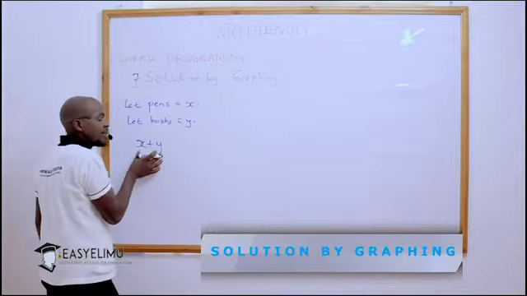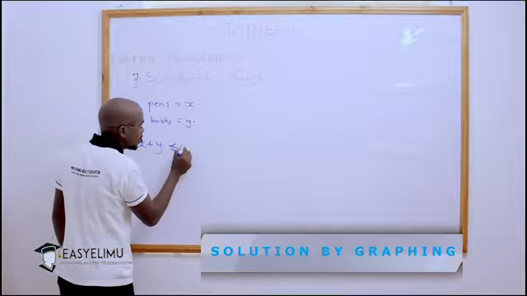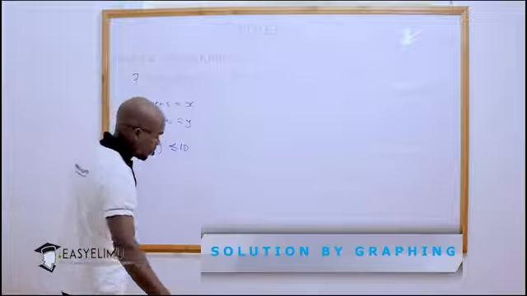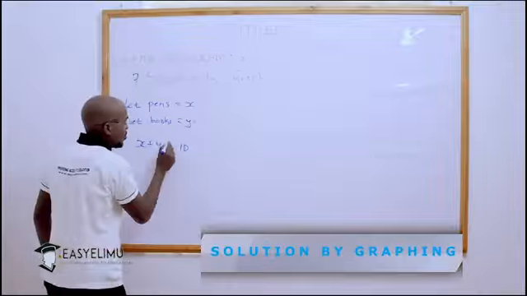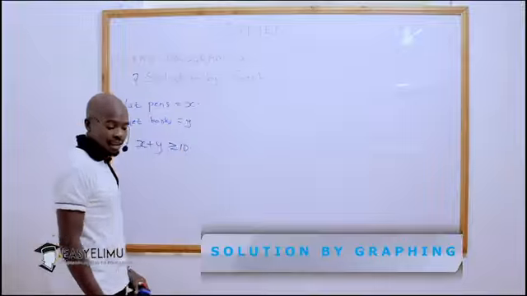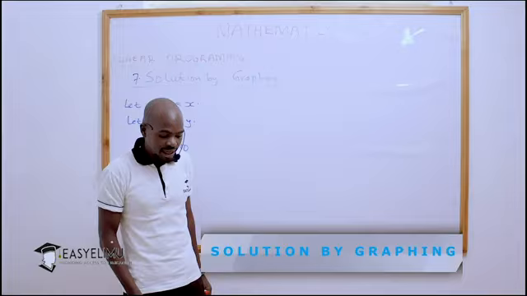Meaning the sum of the two is not less than 10. That sign is wrong, it should be greater than or equal to 10. The sum of the two should not be less than 10.